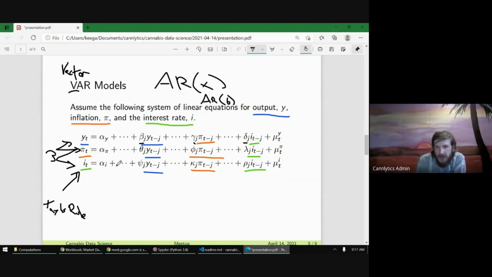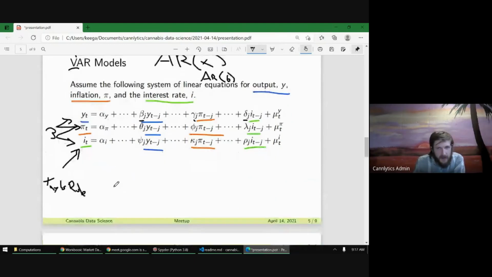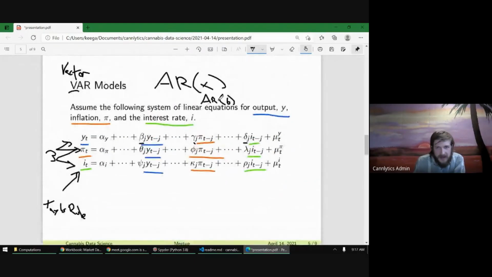So you're looking at 21 plus degrees of freedom right there. So the long story short is you're going to need a lot of data if you really want to estimate a high order autoregressive model.